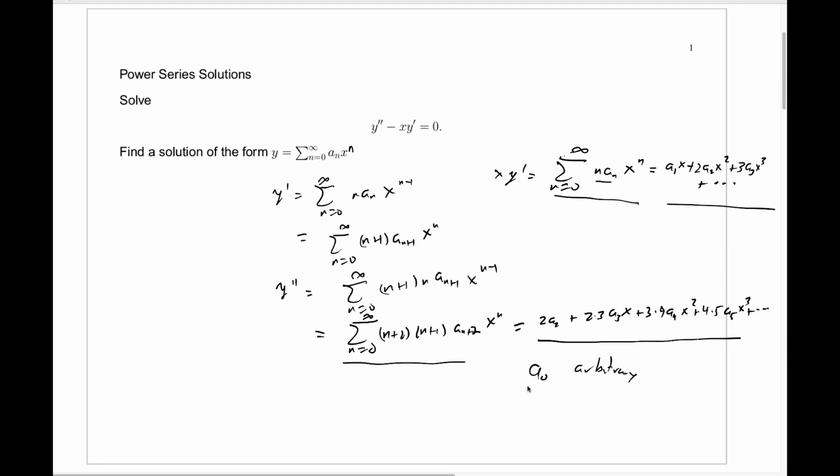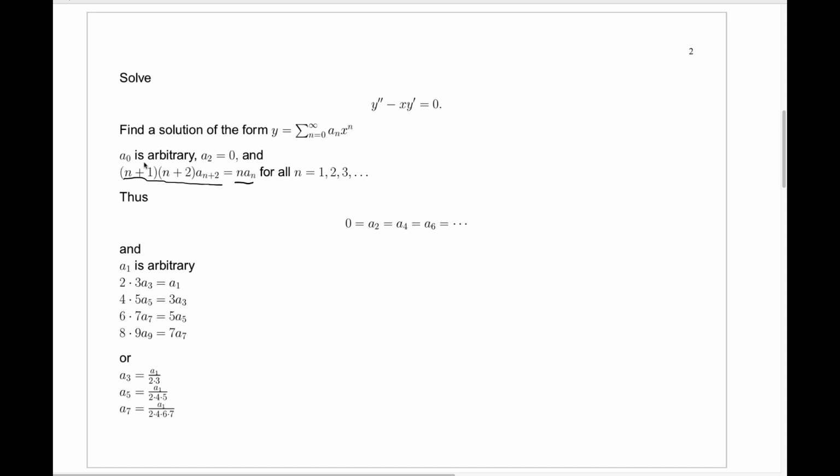And if this is 0, that means a sub 2 is 0. So a naught is arbitrary, a sub 2 equals 0, and matching all the subsequent coefficients means the coefficient on x to the n from the y double prime series has to equal the coefficient on x to the n from xy prime. And that has to be true for n equals 1, 2, 3, etc.